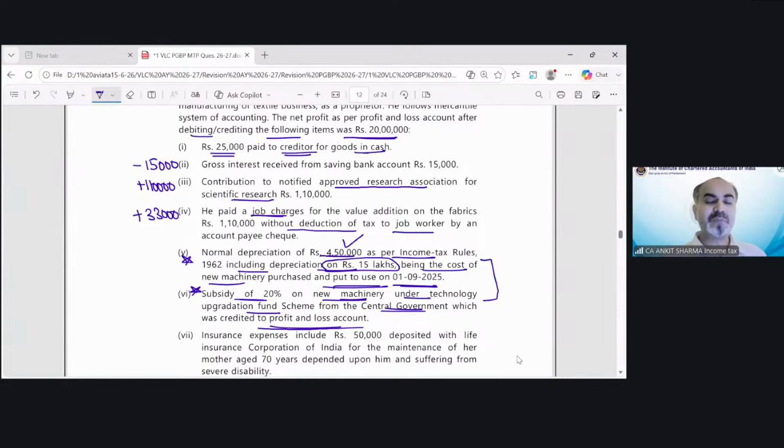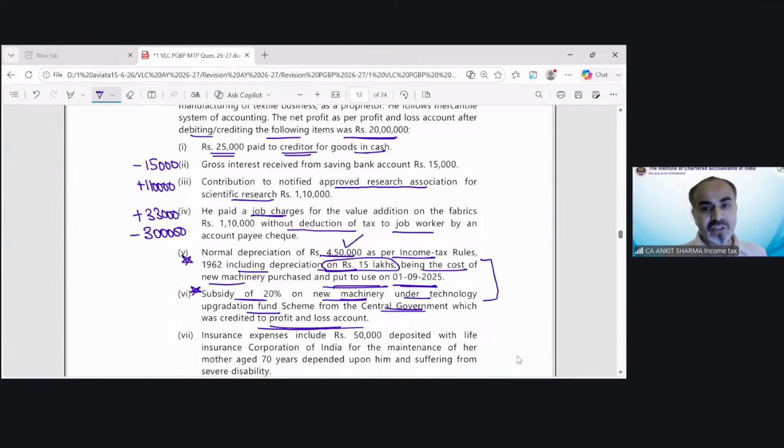This subsidy has been considered as income, but that subsidy was on the value of the asset. So the effect of that subsidy should be the reduction of the cost of the asset which has been purchased earlier. So this subsidy should not become the part of the income of this business. So that needs to be reduced. This 3 lakh needs to be reduced because it is not our business income.